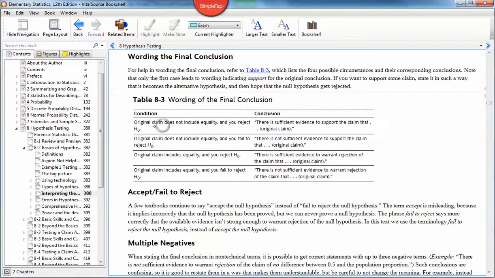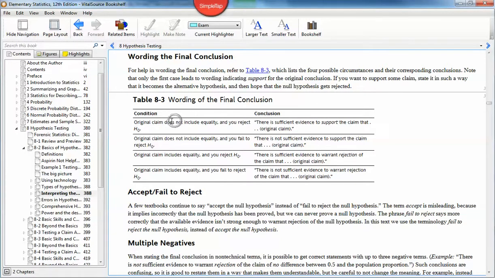If you rejected the null hypothesis using either the p-value or critical value method, then use the conclusion for this top one. If you did fail to reject the null hypothesis, use the next one. So once you figure out does the claim include equality, yes or no, then did you reject or fail to reject, then just use that conclusion.